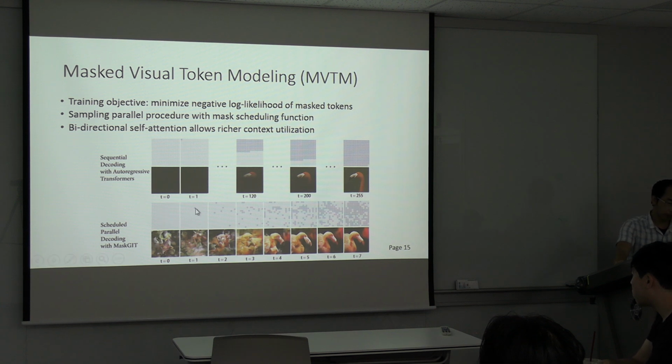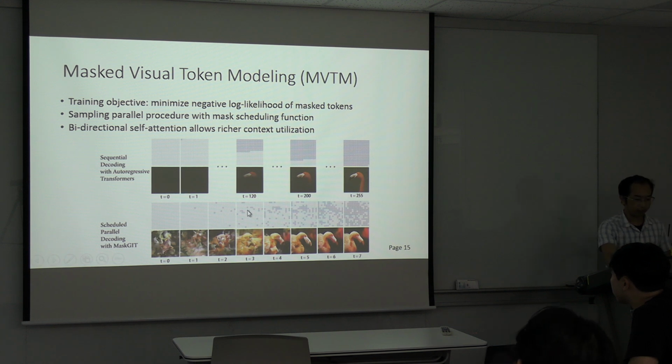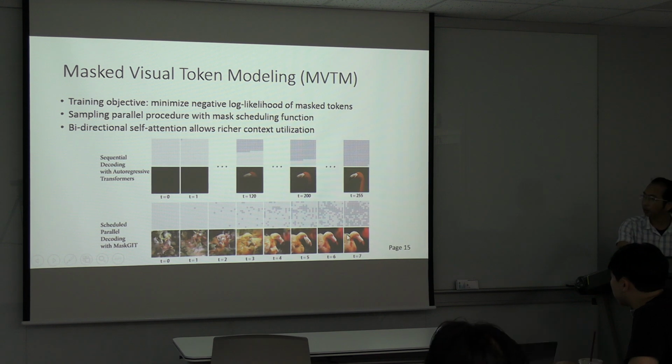So the model tries to predict by some masking schedule, so that in the next step, the model can predict many positions simultaneously in parallel. Overall, this approach only requires less than 10 steps for the model to already produce meaningful and sufficiently high quality data.